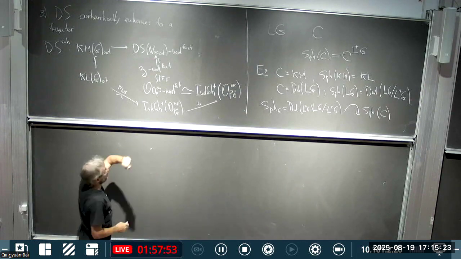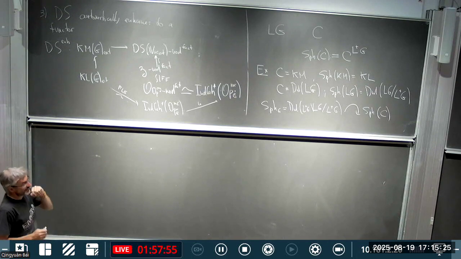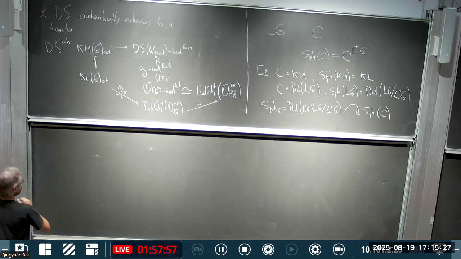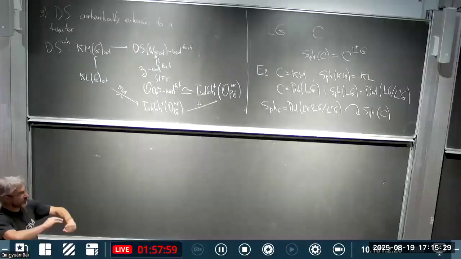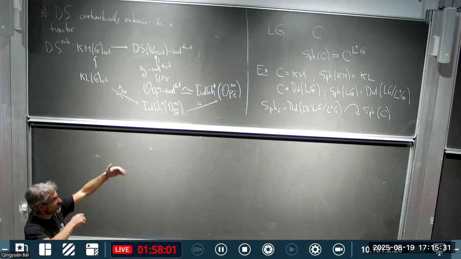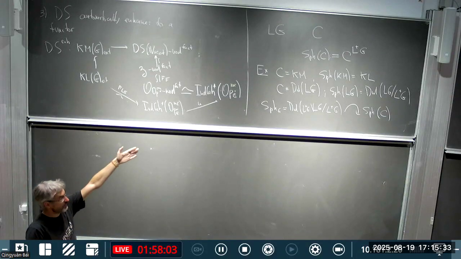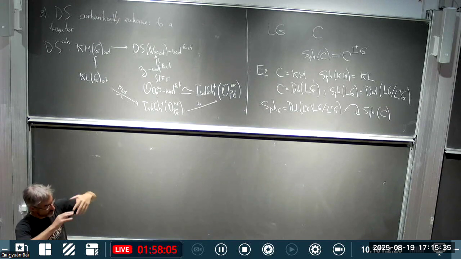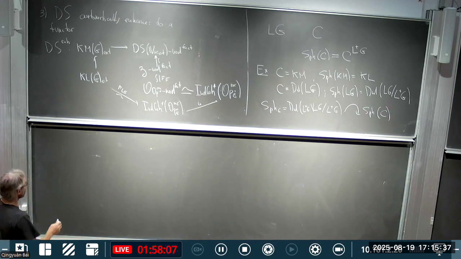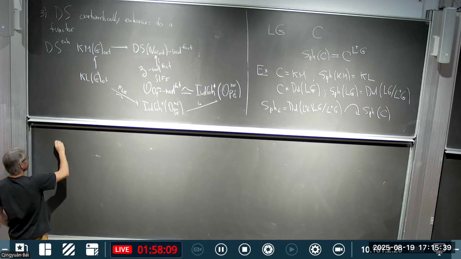If you have a category acted on by LG, you can take its spherically generated part. If you wish, it's the minimal subcategory in C which contains the spherical category and which is preserved by the action of G. But you can write it down explicitly.